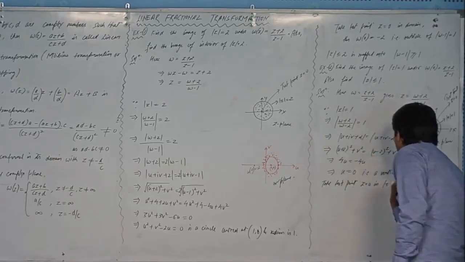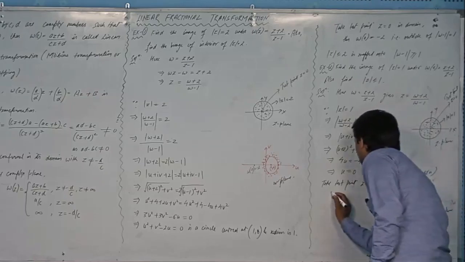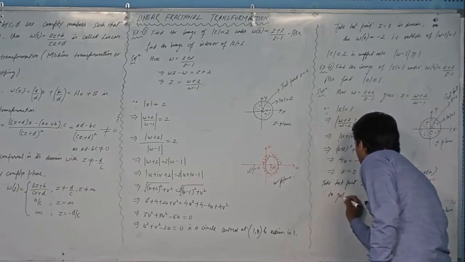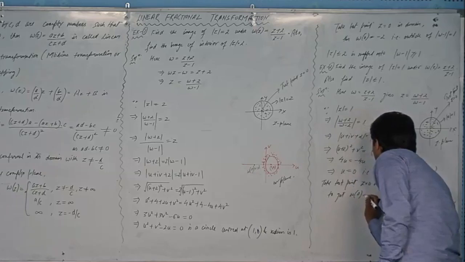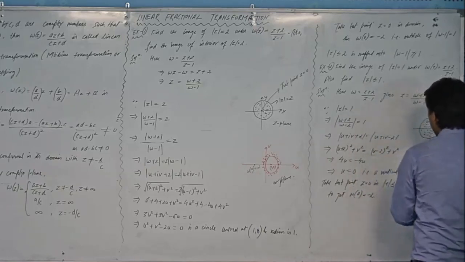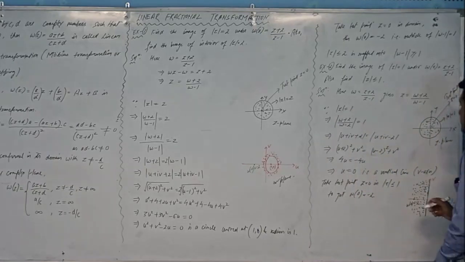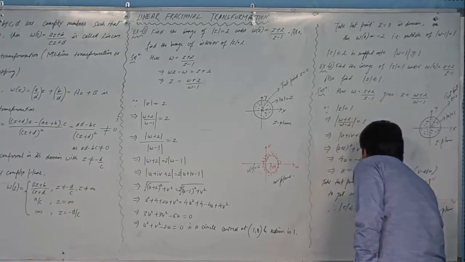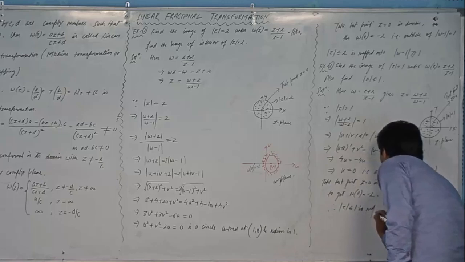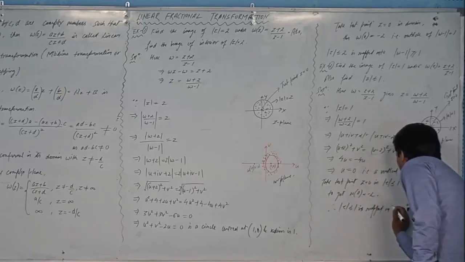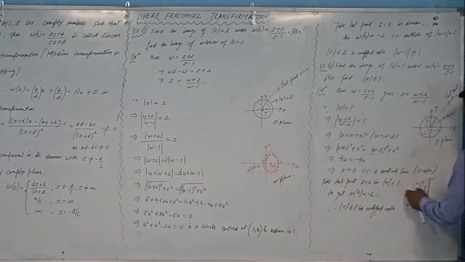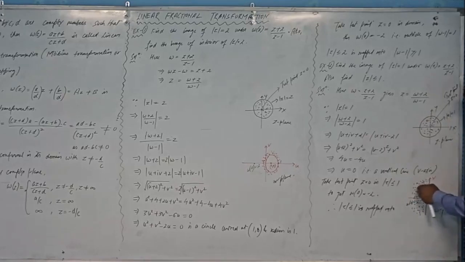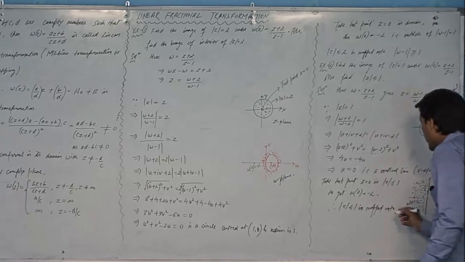Okay. Take test point z equal to 0 in mod z less than or equal to 1 to get w of 0 equal to -2, and that belongs to the left half portion, right? Therefore mod z less than or equal to 1 is mapped onto the left hand side portion, and you should write it as, for this portion, u is negative, right?